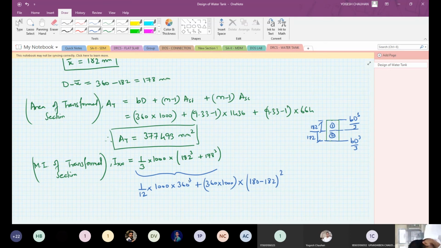See, 1 by 3 into 1000 into 182 cube plus 178 cube, 3.889 and below that.